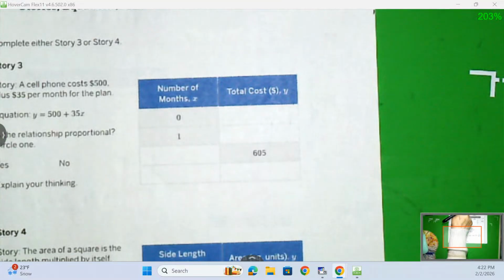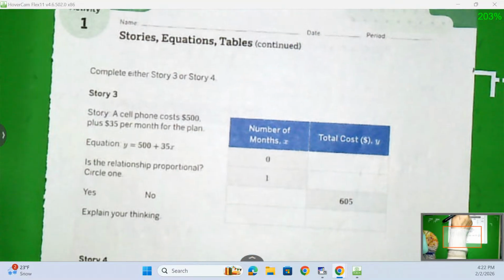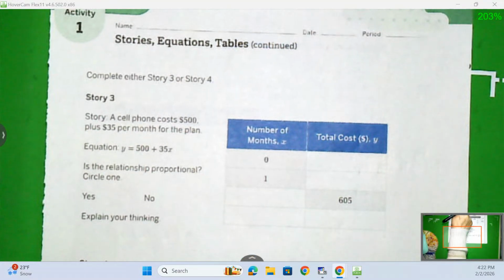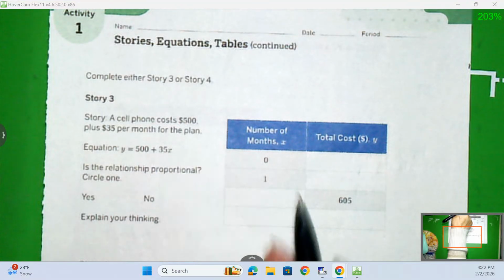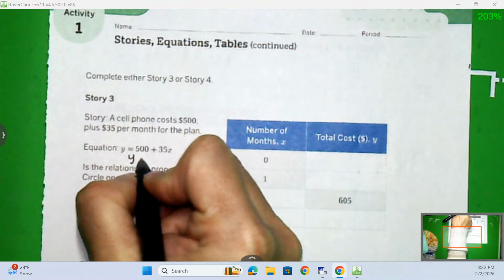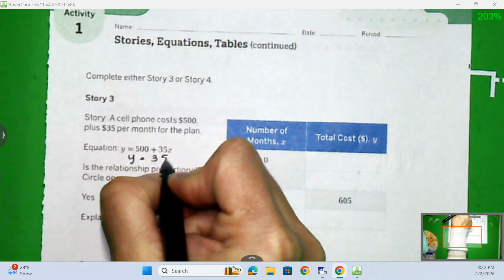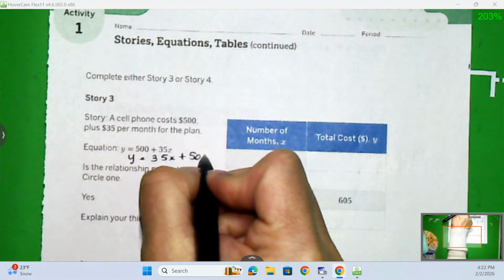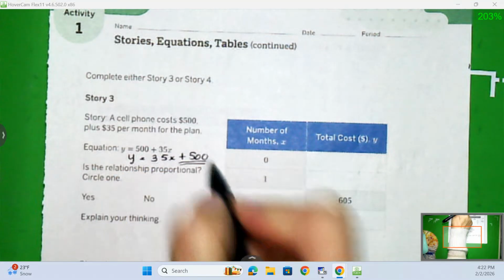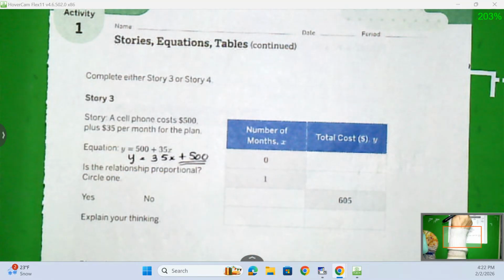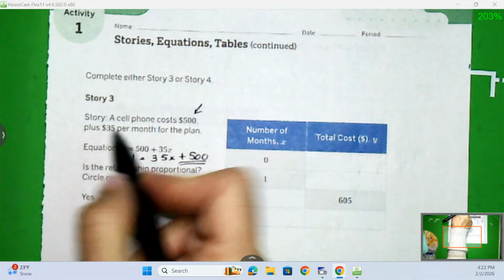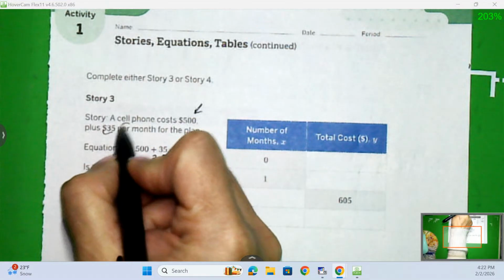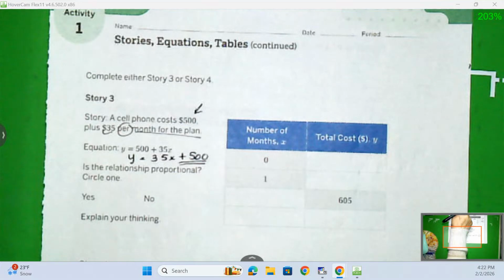Story 3: we have y equals 500 plus 35x. We could also rewrite that as y equals 35x plus 500. This plus 500 is concerning. It is the cost of a phone before your unit per month plan.